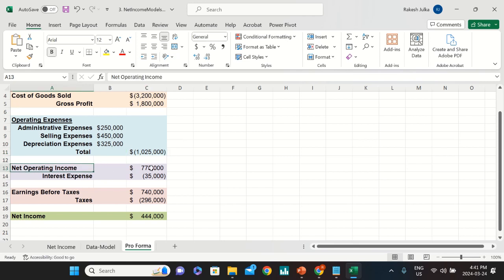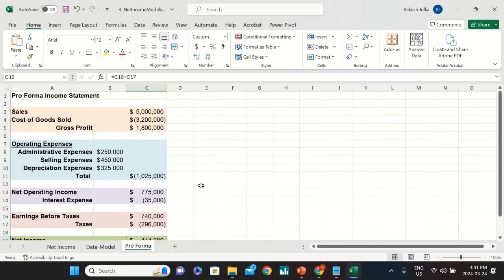We have net operating income, then the interest expenses will be deducted, and the rest of the money will be earnings before taxes. If taxes are deducted, then we have net income. This is what we have explained about spreadsheet modeling related to the income statement and how to calculate the net profit.